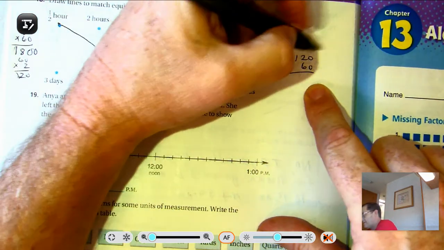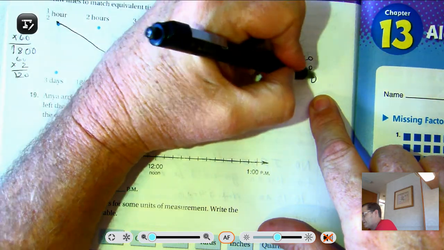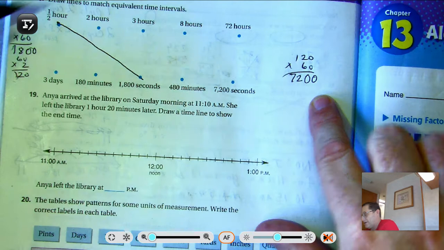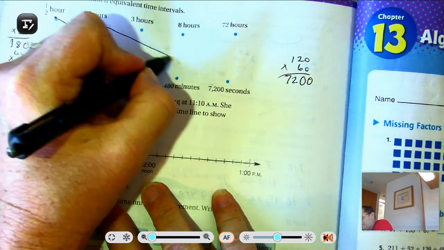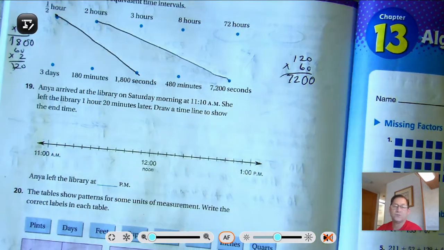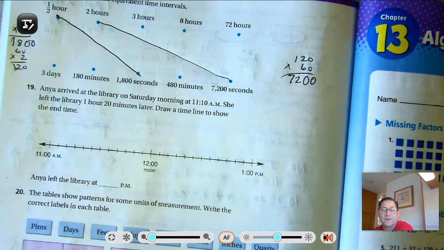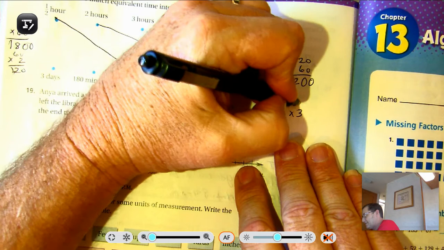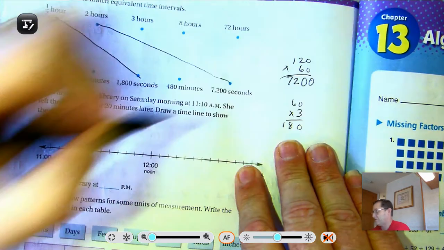So 120 minutes. 6 times 12 is 72, 7,200. Okay, so 2 hours is 7,200 seconds.